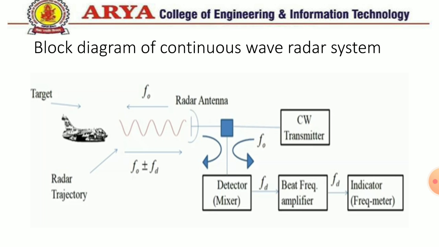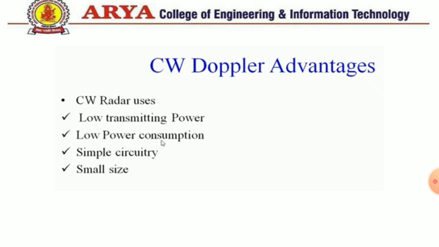So this block diagram is what we use to identify the velocity of the target. This is the basic purpose of the continuous wave or Doppler radar system.